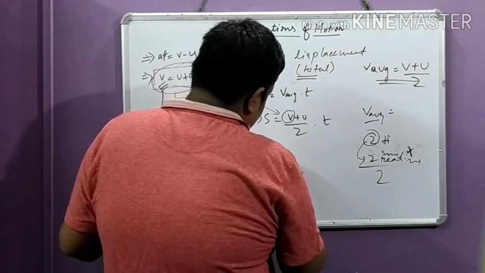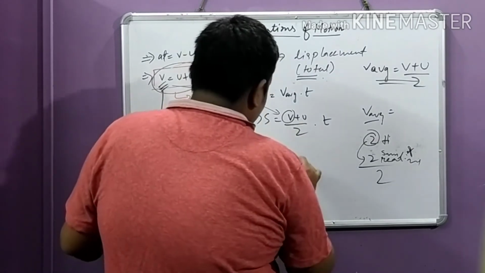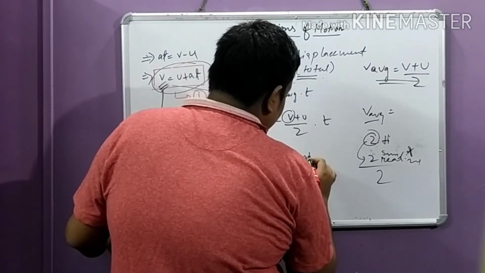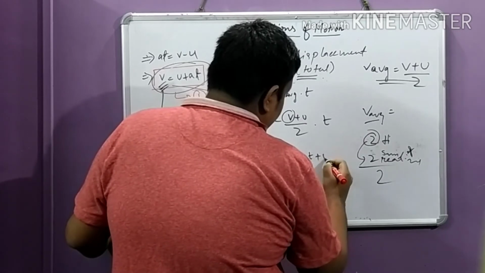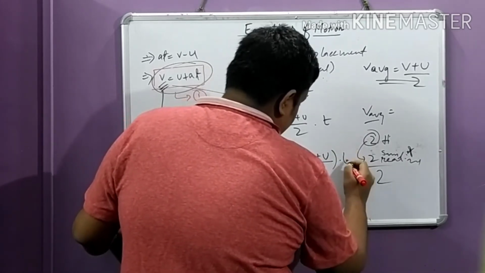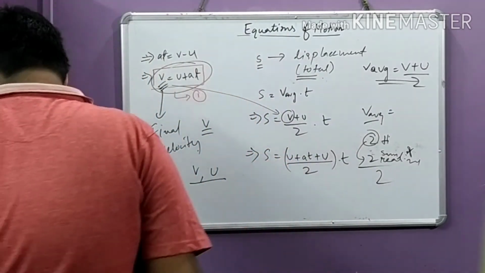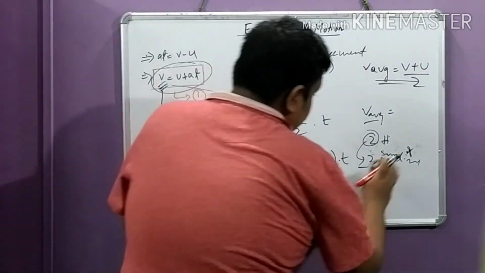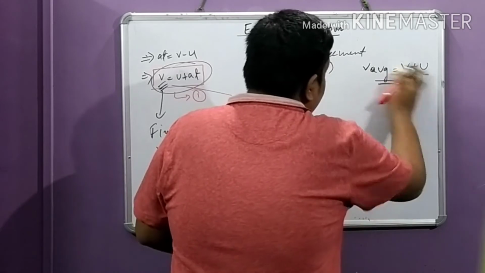So let's put S equal to V, means U plus AT, plus another U, by 2 into T. This is what we get. Let's proceed.